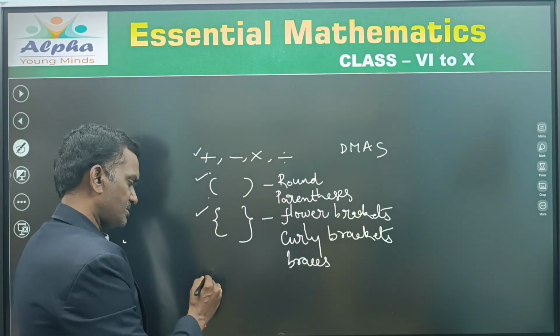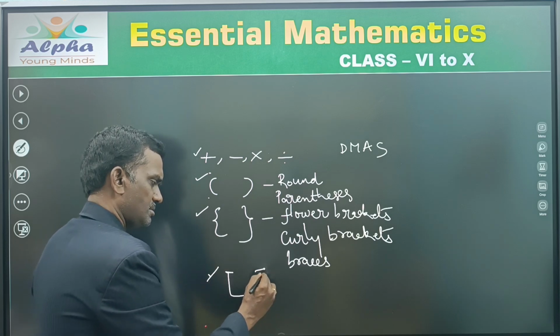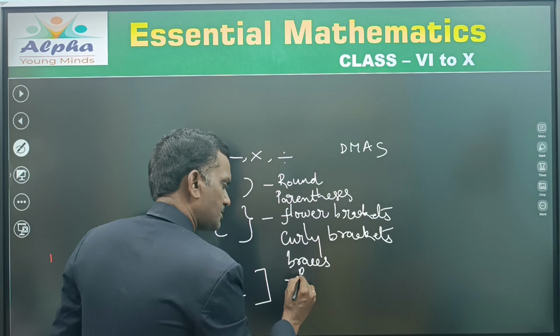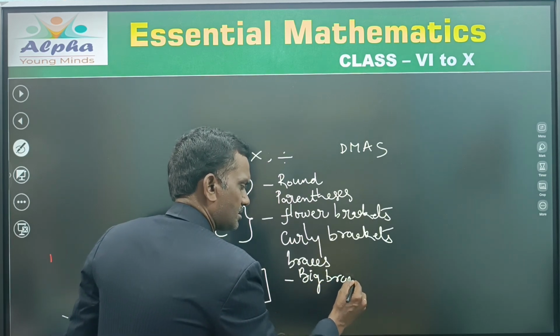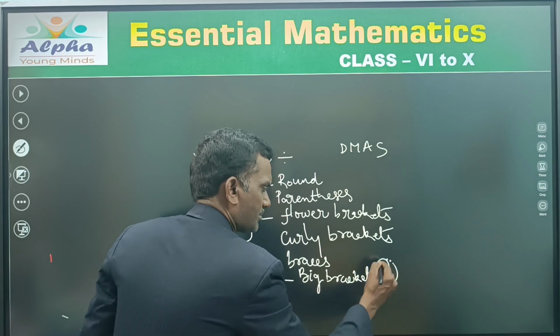The third type of brackets are called big brackets or square brackets.